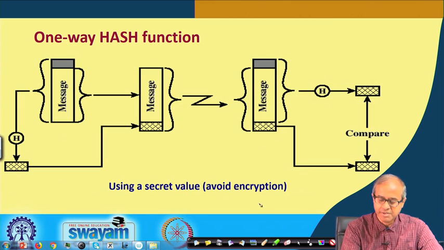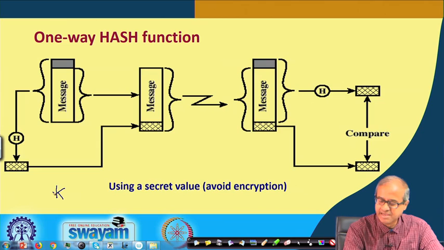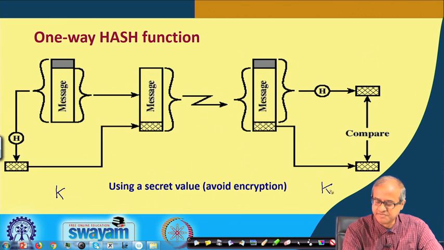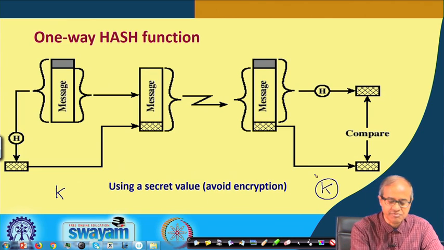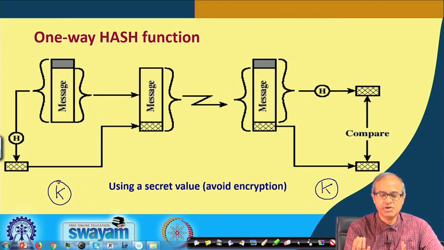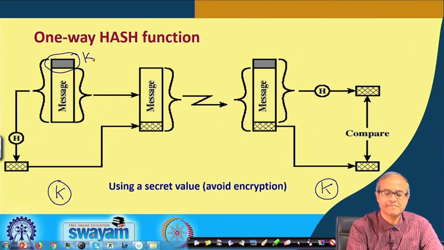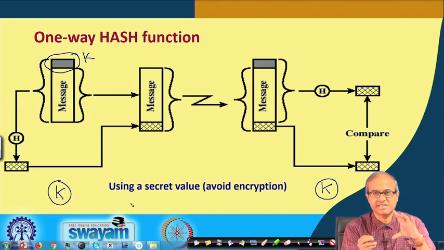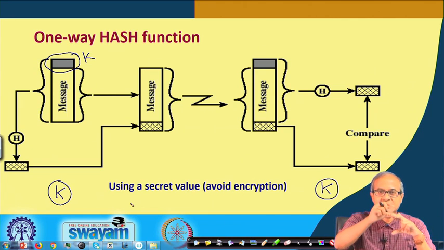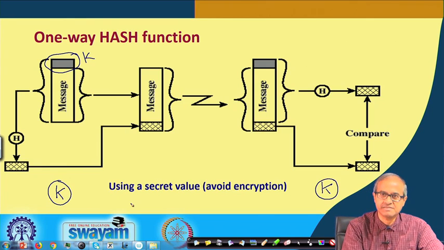Let us assume that we have some kind of a secret value k, like a key, shared by the sender and receiver, but we are not using this value k for encryption and decryption. What we are doing is appending this k with the message. I append that secret value with the message, and for the whole thing, message plus k, I apply the hash function.